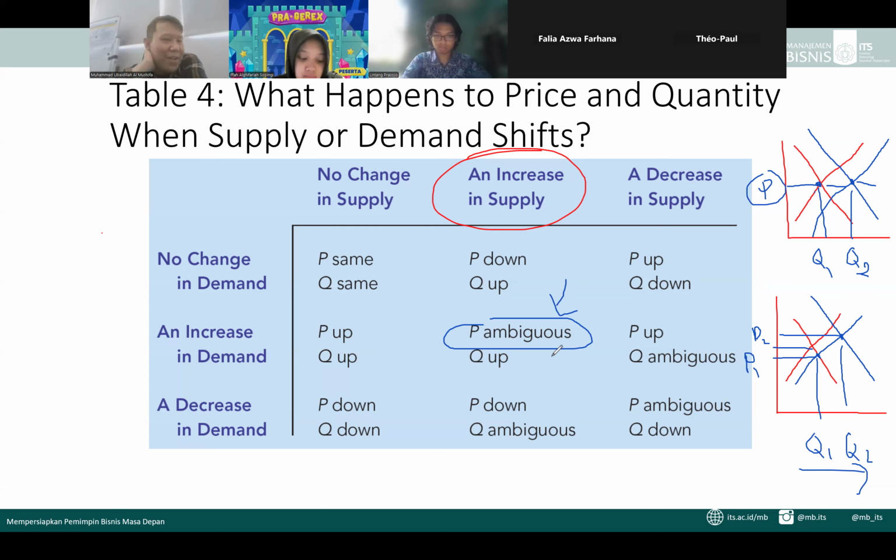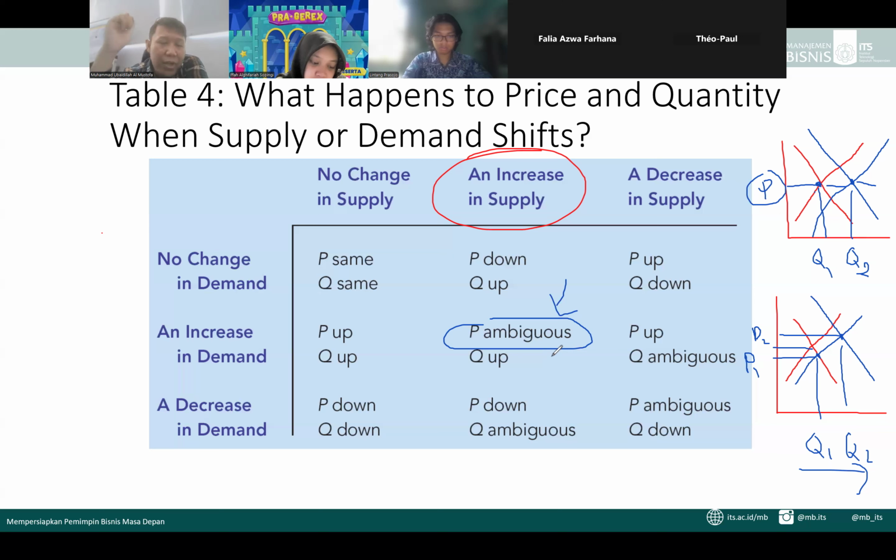Do you understand this point or not? So in this case, when we have two curves shifting, we need to see which one has a bigger shift, whether the demand curve or the supply curve, because it can be ambiguous if the shifts have the same strength.